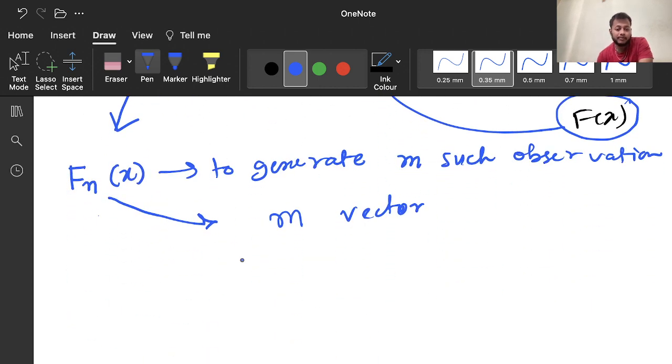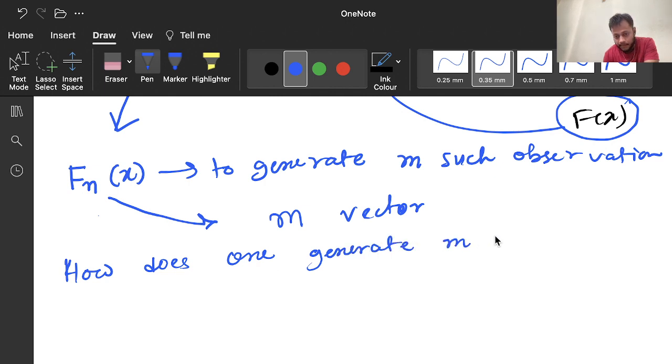Now the question arises, how will we generate m such vectors? Here it is interesting.